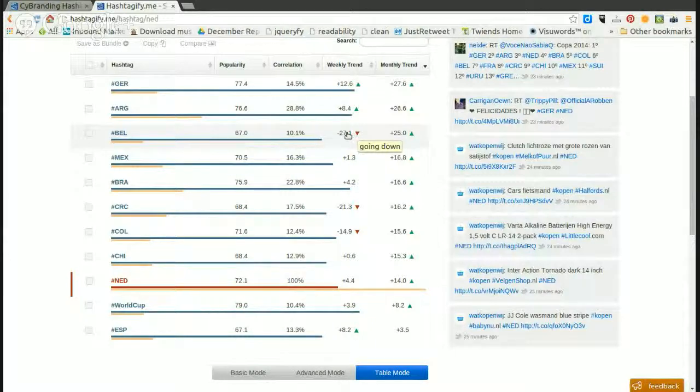It is just because Belgium went out of the World Cup very recently. But in other situations, it wouldn't be so obvious. Belgium, for example, was trending positively in the monthly trend, plus 25, but in the last week, it went down 27 points. So as you can see, you can find lots of information here.